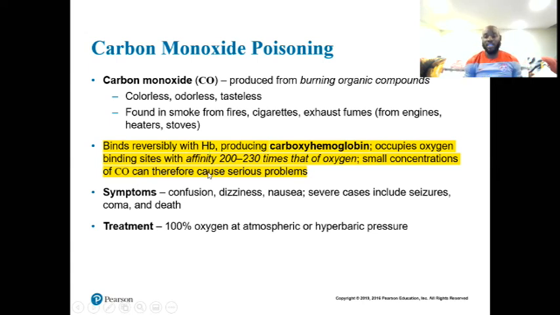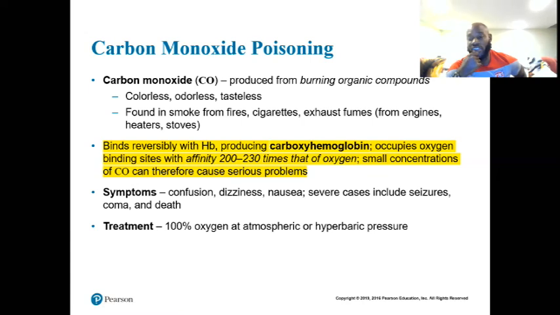So what does that mean? It means if carbon monoxide is bound to your hemoglobin, oxygen can't bind to it. And carbon monoxide has an affinity 200 to 230 times greater than oxygen.